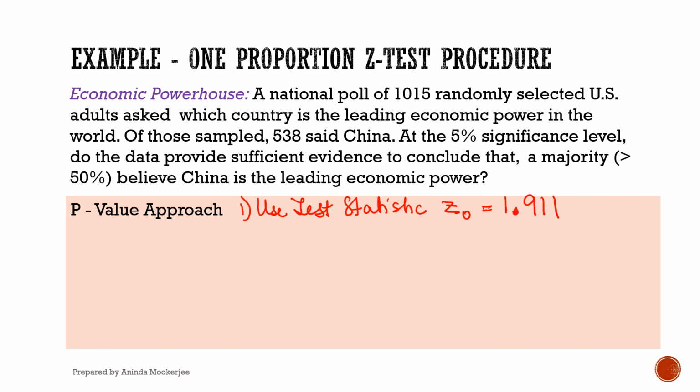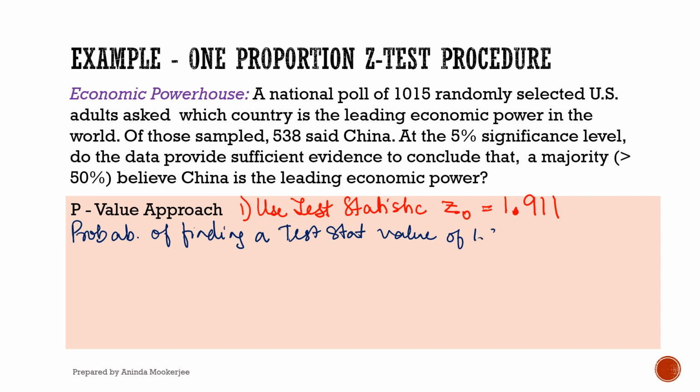And because it's a right tail test, I'm going to draw a figure to explain what we are looking for. Remember, the p-value is the probability of finding a test statistic value of 1.911, assuming the null hypothesis is true.